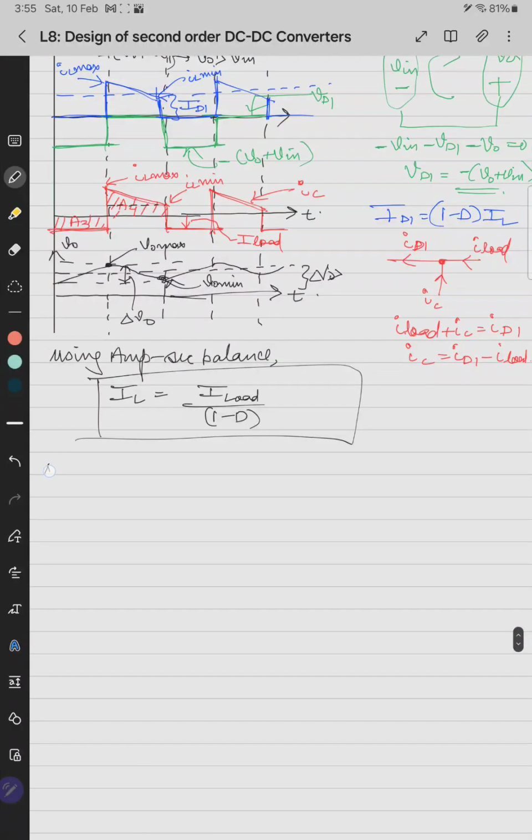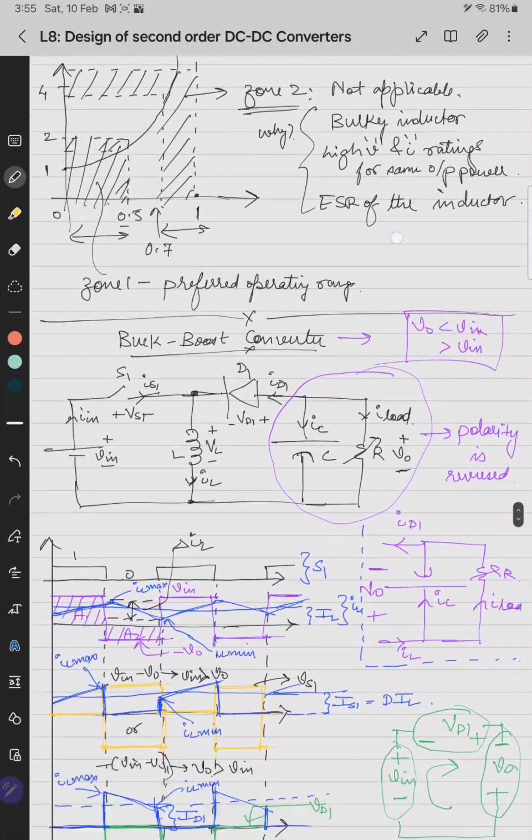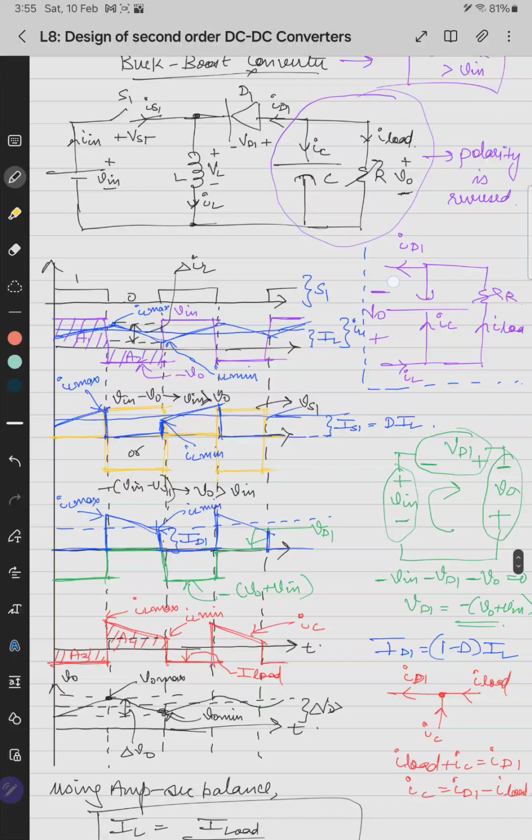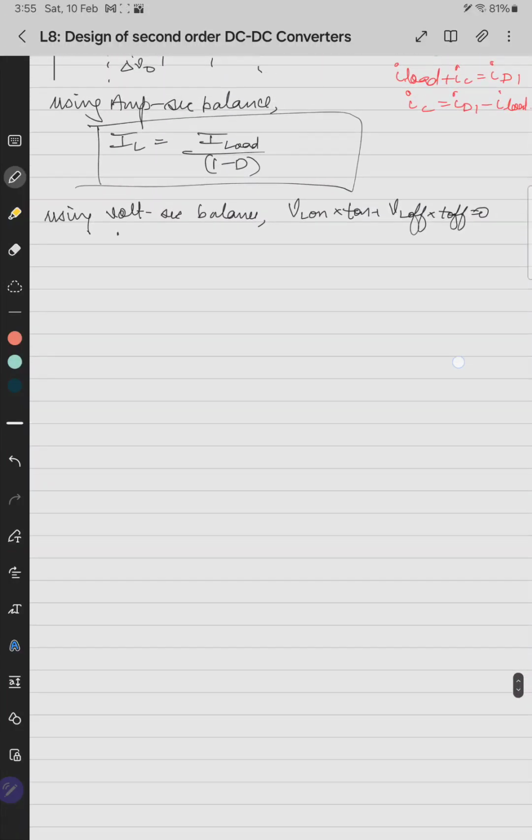So now the minus sign will appear in the volt second balance. VL on into T on plus VL off into T off equals 0. What is VL on? It is V in, and during off it is minus V0.